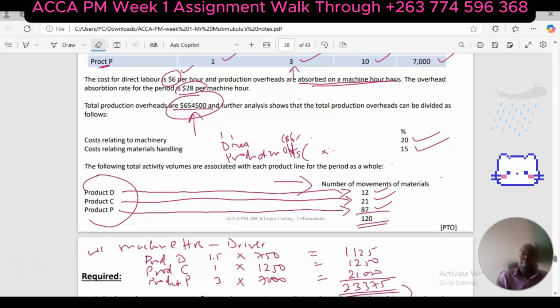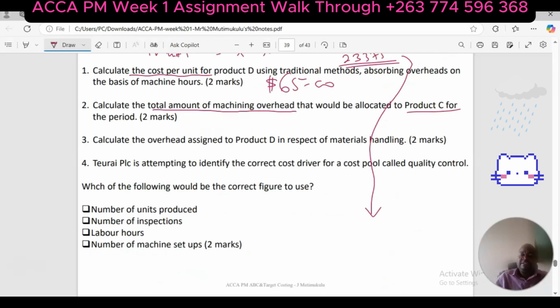There is more information about the total overhead cost. We are told that in terms of machining, of this 654,500, only 20% relates to machinery. So we say machine overhead.